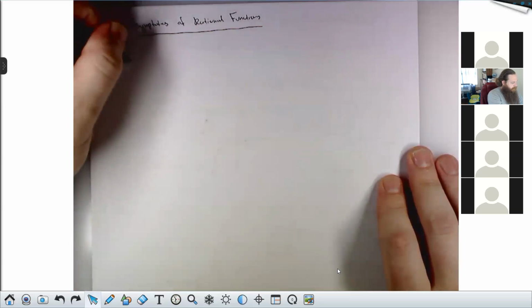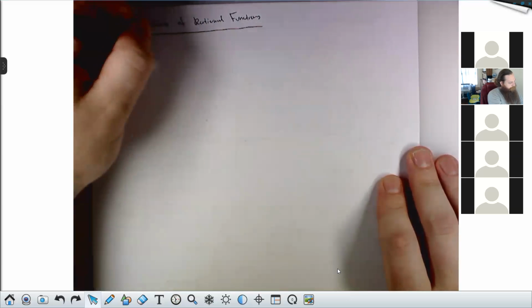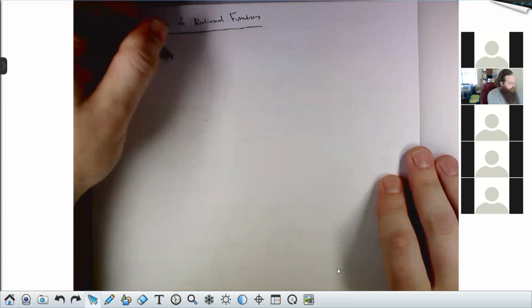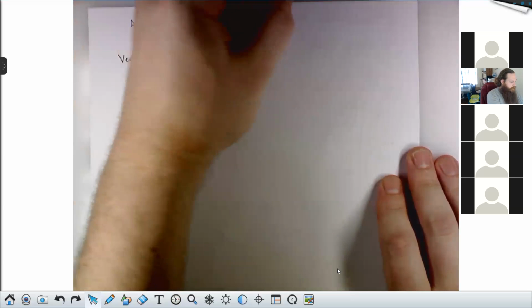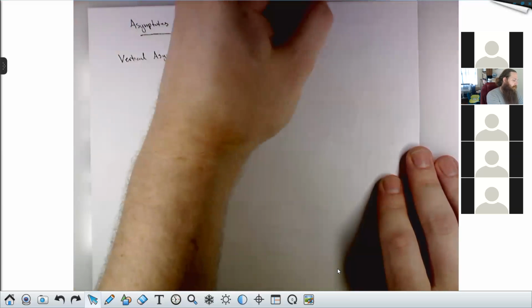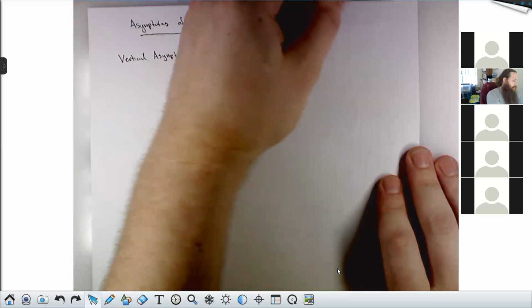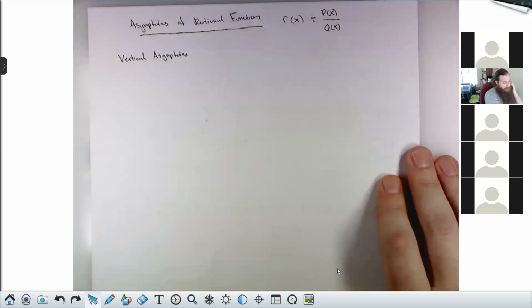To find vertical asymptotes, let me go ahead and say the function we're working with is r of x, and it's of the form p of x over q of x. Vertical asymptotes will come from places where the bottom is 0.